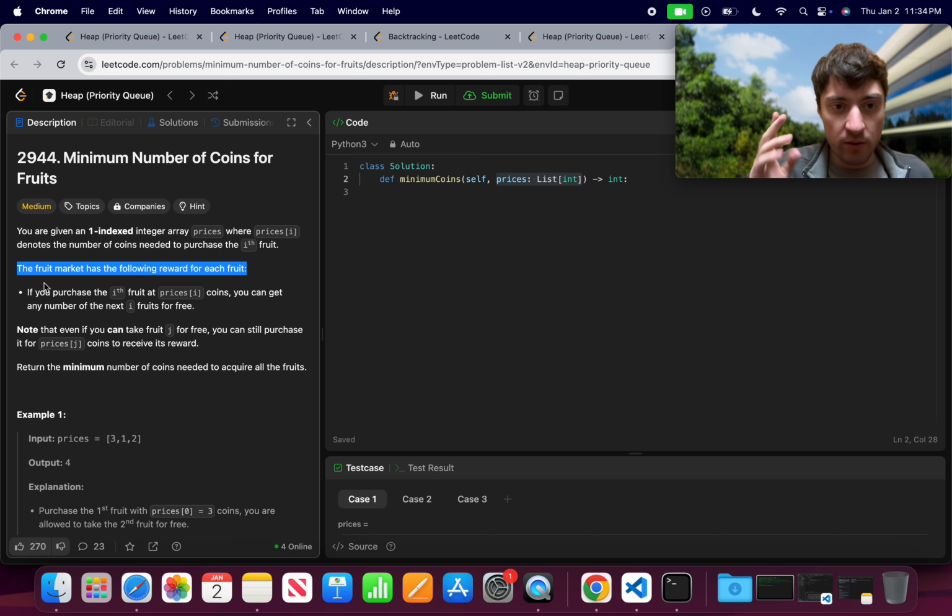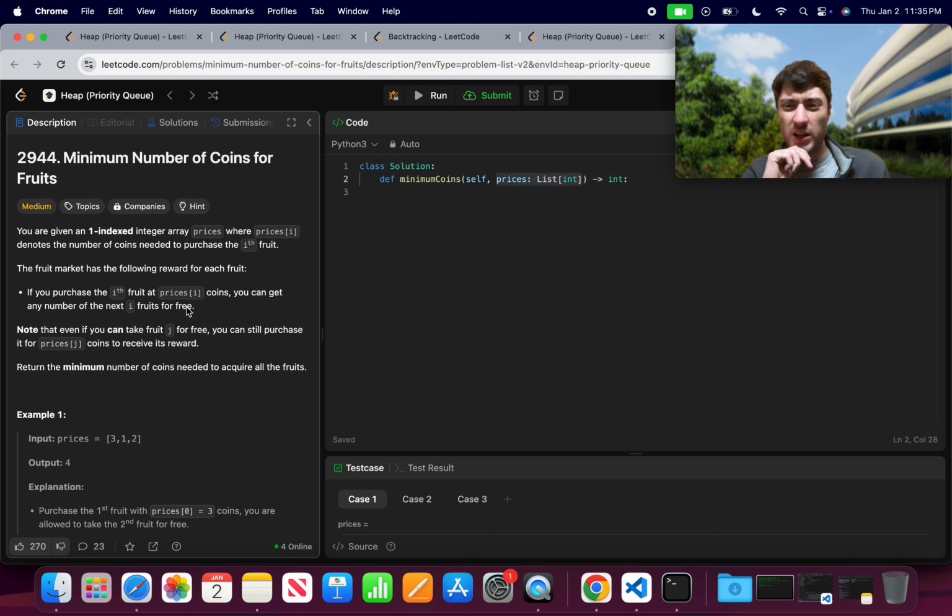Okay, so for every fruit, each index in this prices list: if you purchase the ith fruit at prices[i] coins, you can get any number of the next i fruits for free. Okay, let me reread that again.